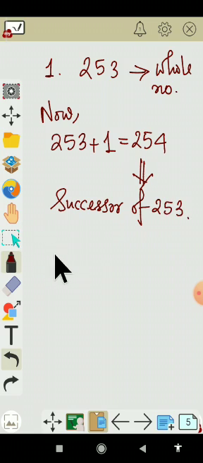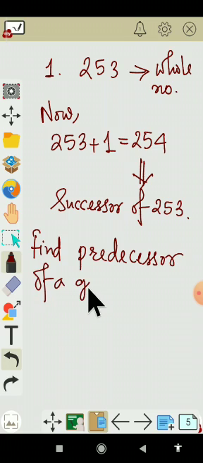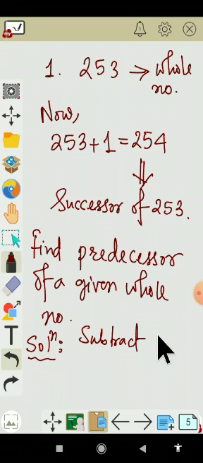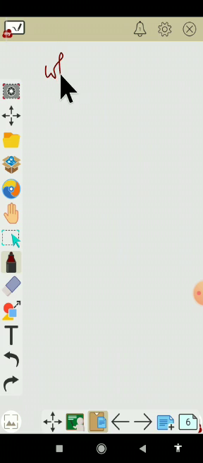Similarly, find the predecessor of a given whole number. So for that, what we have to do is subtract 1 from the given whole number.